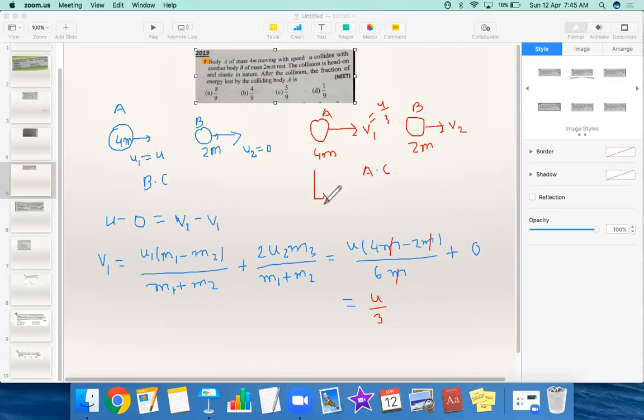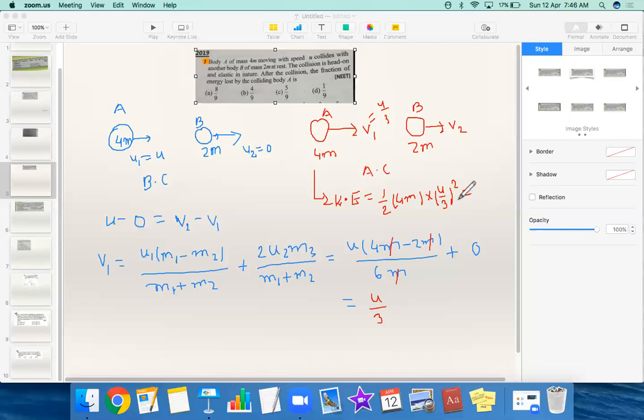The kinetic energy is equal to half m, that is 4m, half into 4m into u by 3 whole square. Okay, so we will have this.